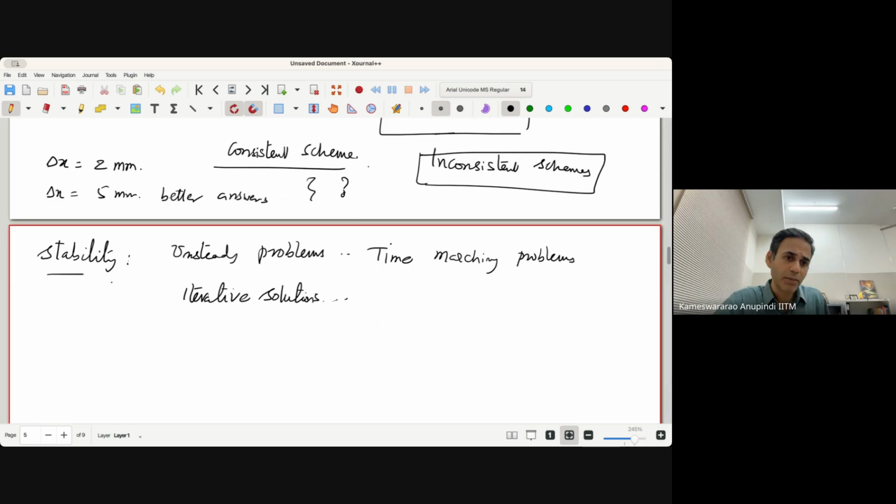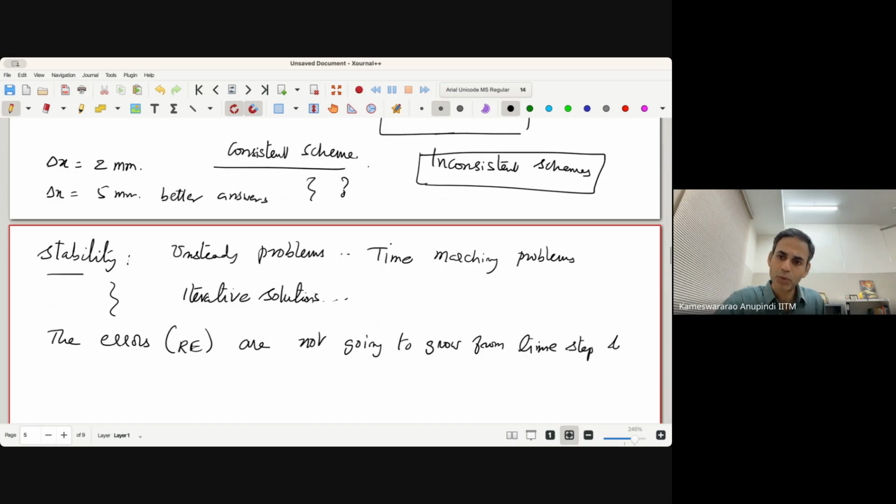So what stability means is that the errors, whether they are round-off errors or other errors, are not going to grow from time step to time step or from iteration to iteration.